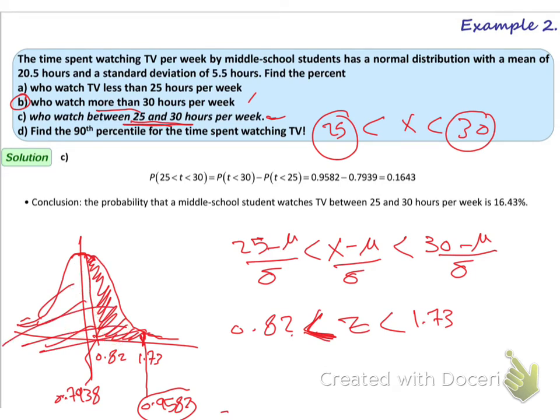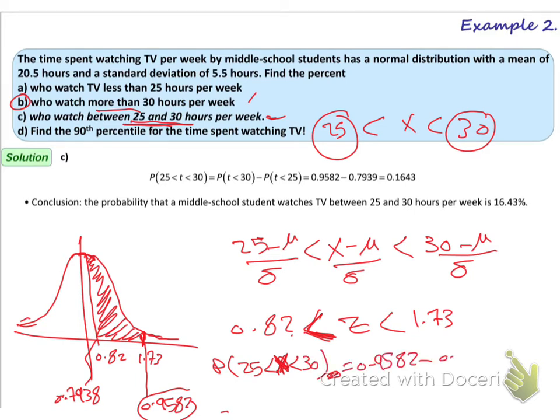So the probability of X more than 25 and less than 30 equals 0.9582 minus 0.7939, which equals 0.1643. It is the same answer. I hope it's clear.